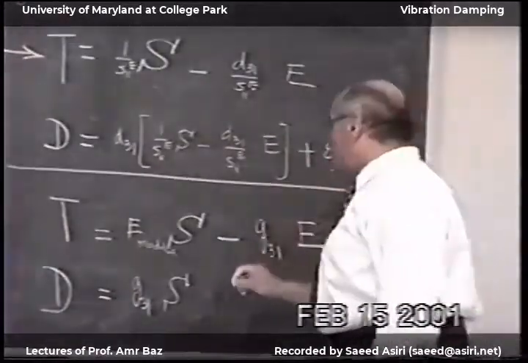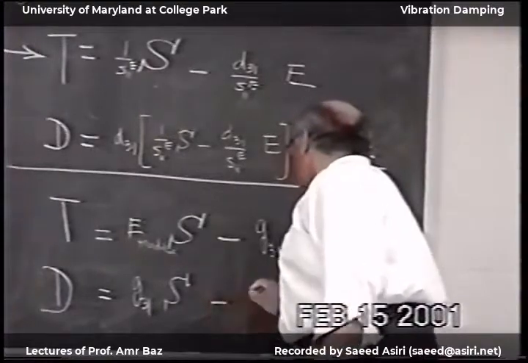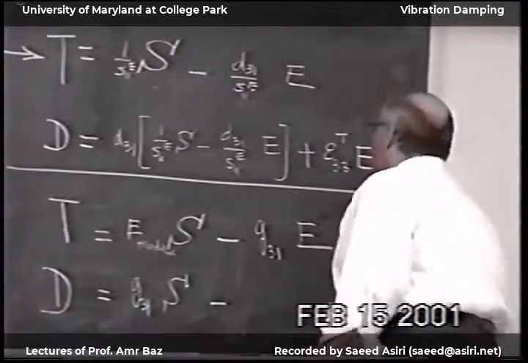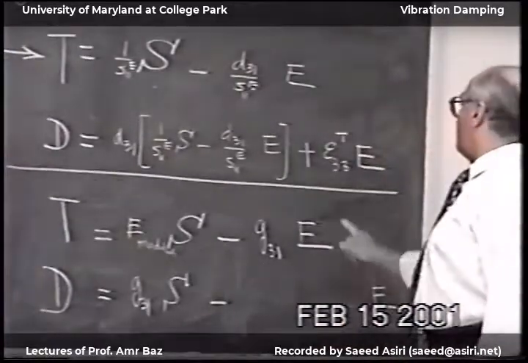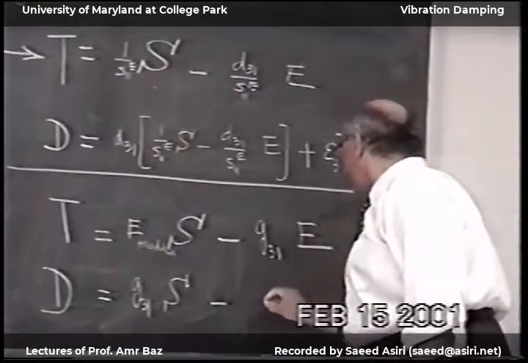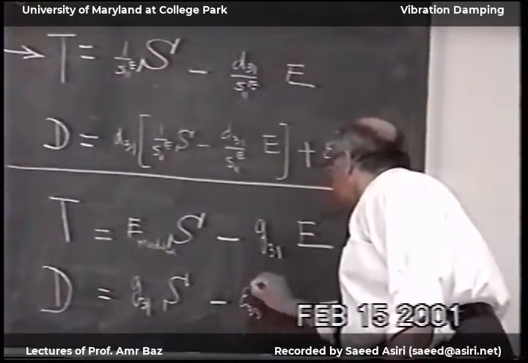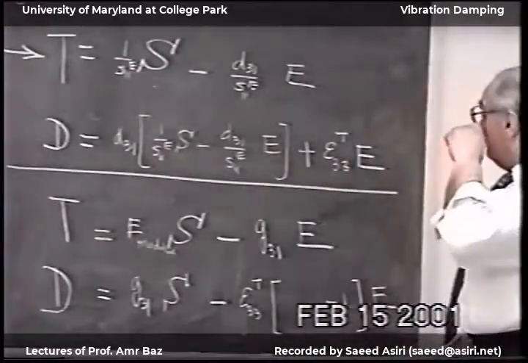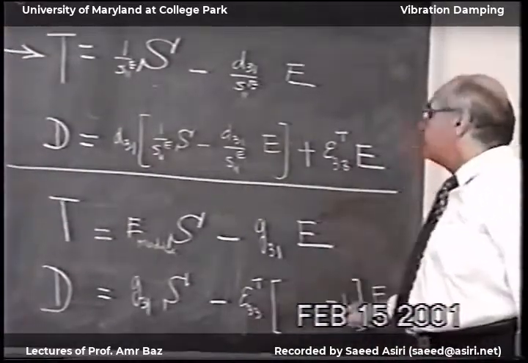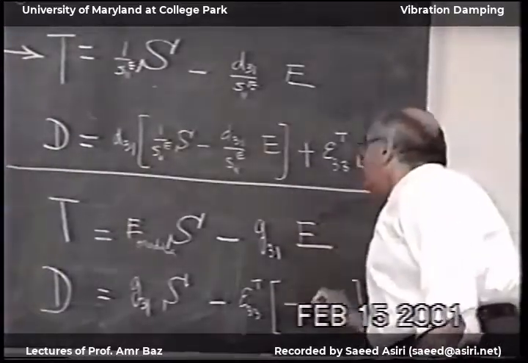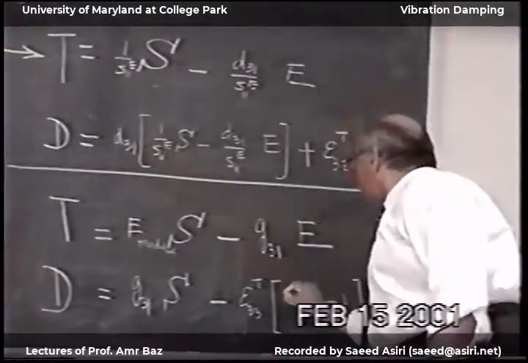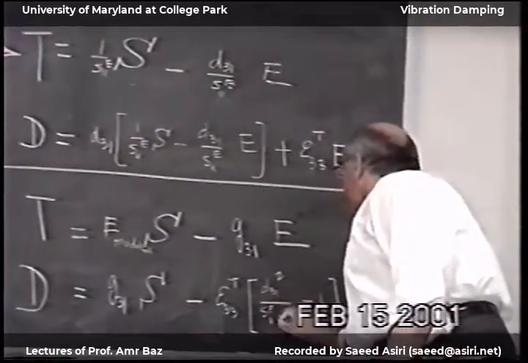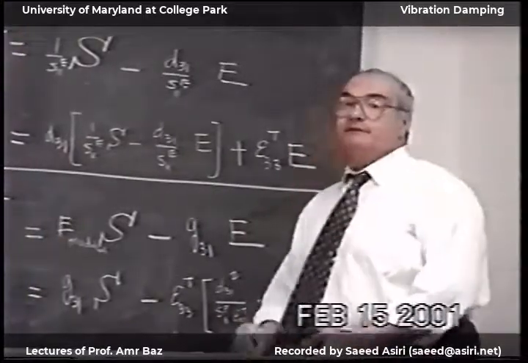Now the remaining terms, I'm going to write them like this, minus, and everything multiplying E. And I'm going to take this term out. So this term is right here, and then the remaining term is D31 squared, and the numerator is S11, epsilon 33 and T.